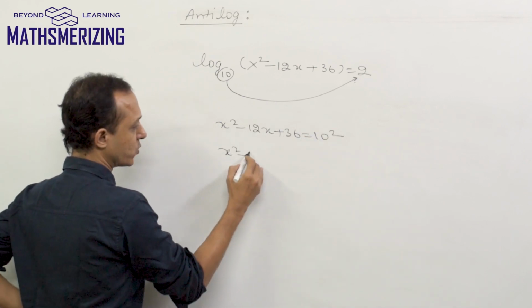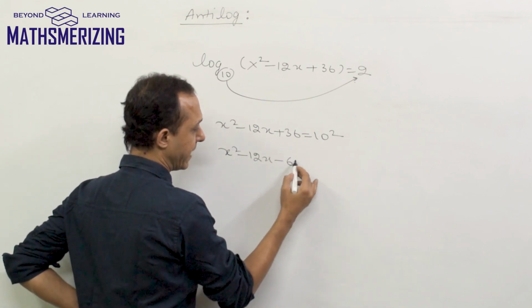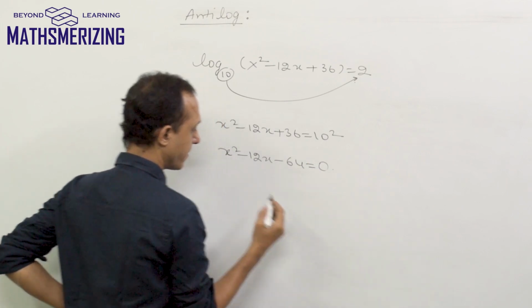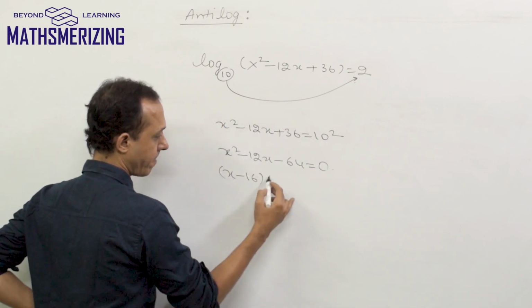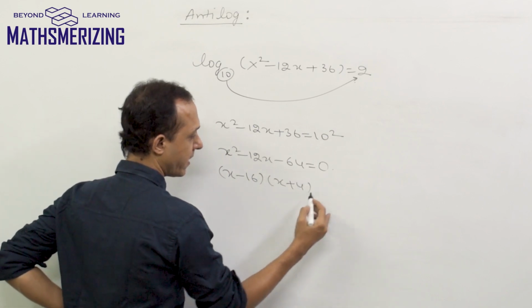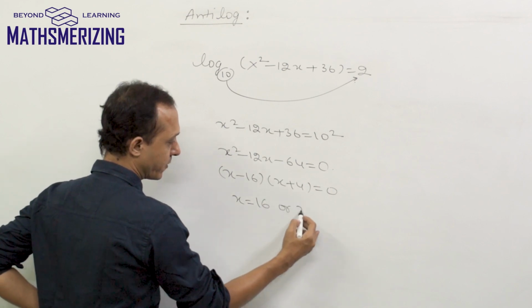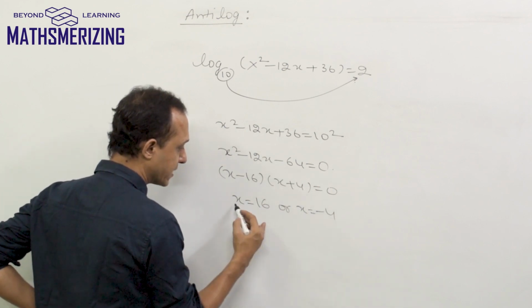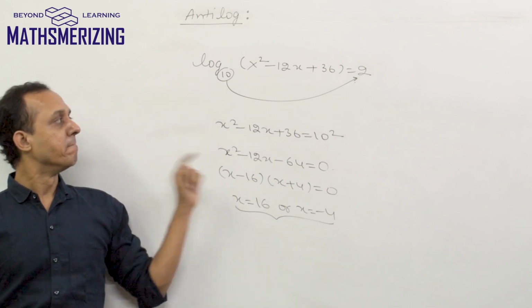So I'll write it as x square minus 12x, now 100 minus 36 is minus 64, equals 0, and this is x minus 16, x plus 4 equals 0. So the value of x is either 16 or minus 4. The answer to this question is x is 16 or minus 4.